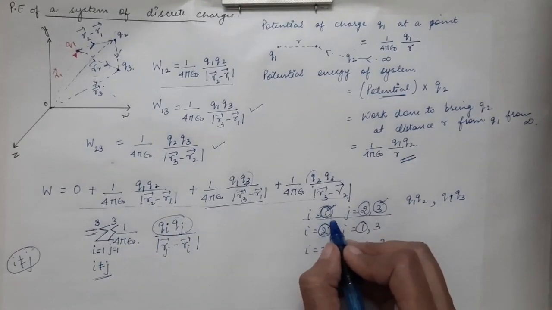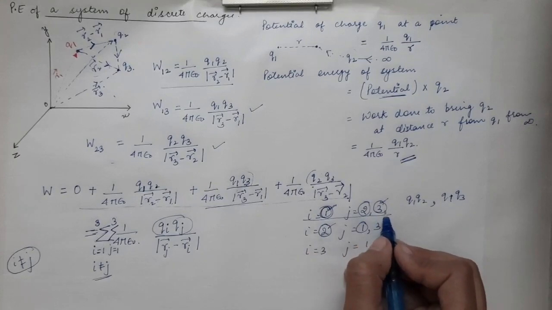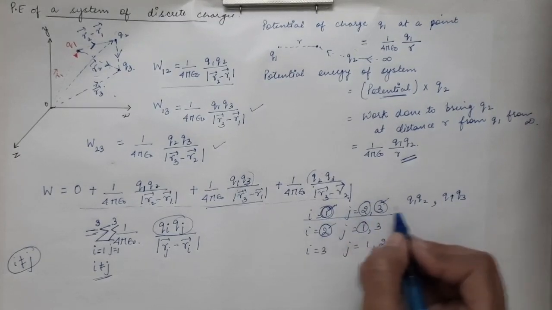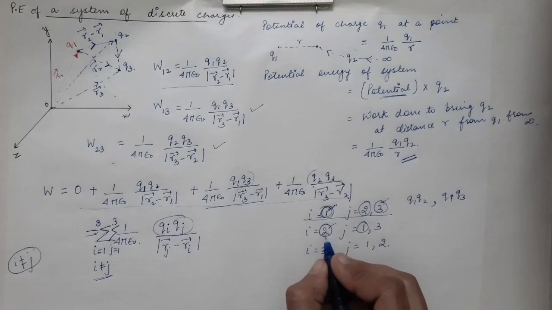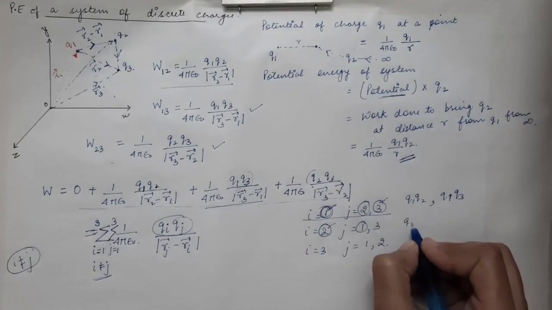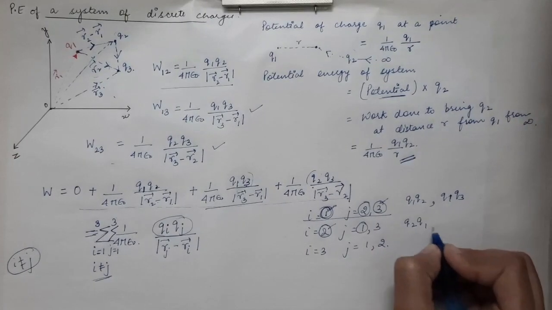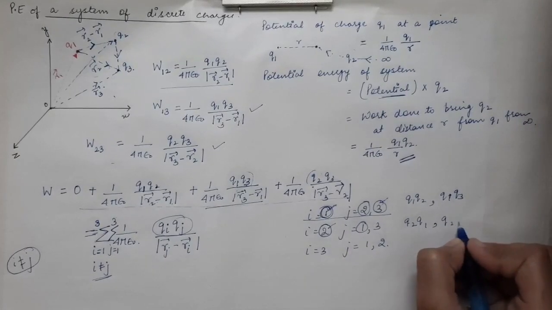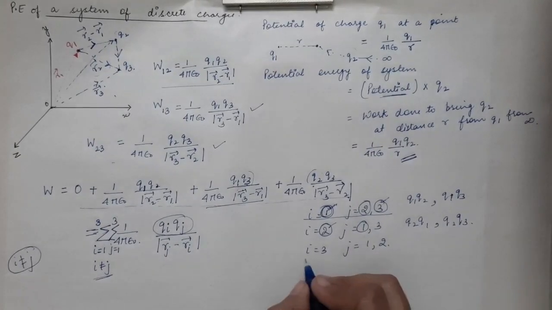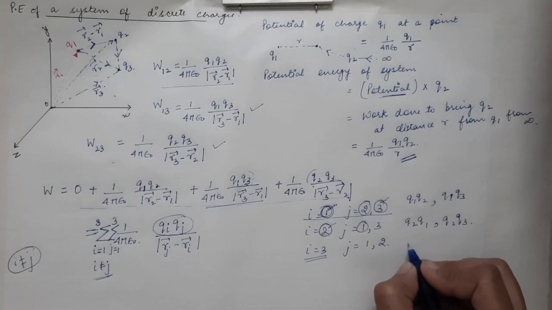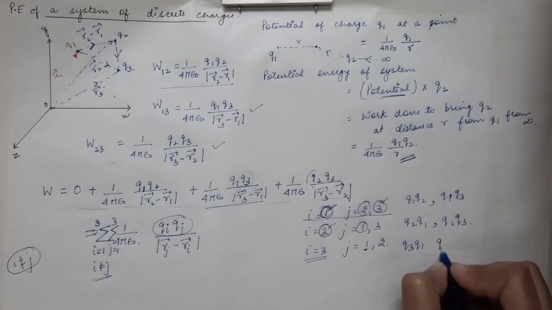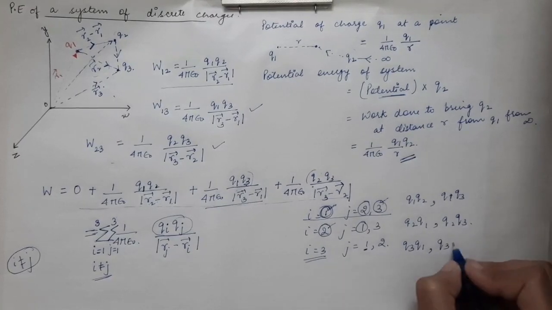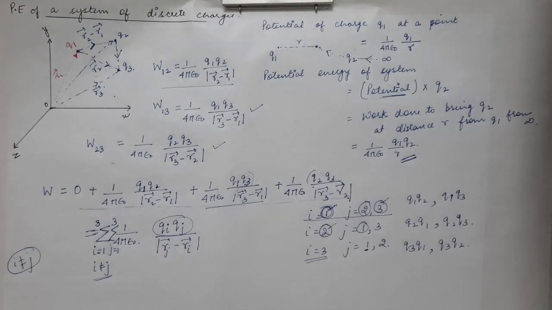When i is equal to 1, j will be 2 or 3, so you will get q1 q2 or q1 q3. When you put i equal to 2, you will get q2 q1 or q2 q3. And when you put i equal to 3, you will get q3 q1, then q3 q2. So these are the terms that we will get.